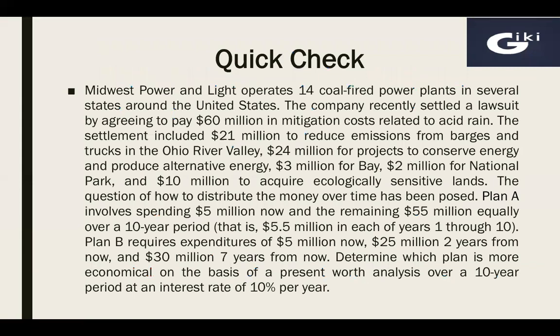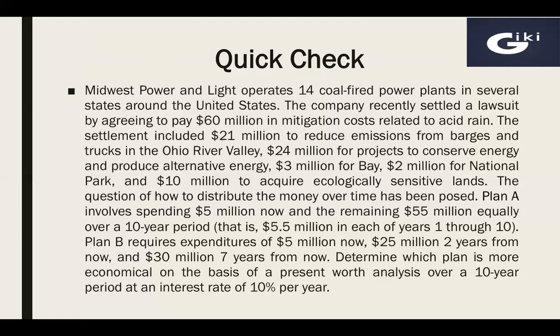Then here is another question. Let's discuss it as well. So Midwest Power and Light operates 14 coal-fired power plants in several states around the United States. The company recently settled a lawsuit by agreeing to pay $60 million in mitigation costs related to acid rain.